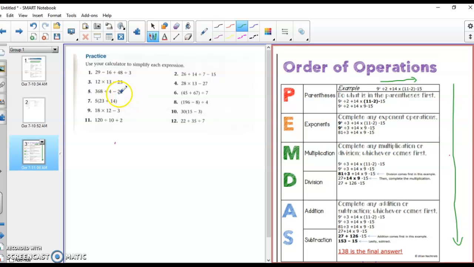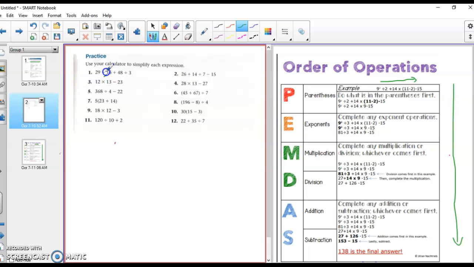So, for example, number one, again, the biggest thing for you guys to do is write these down on a lined piece of paper. When you have it written, don't look at your numbers, look at your operations. I have a subtraction, I have an addition, and I have a division. So, according to my order of operations cheat sheet, I don't have parentheses and I don't have exponents in number one.